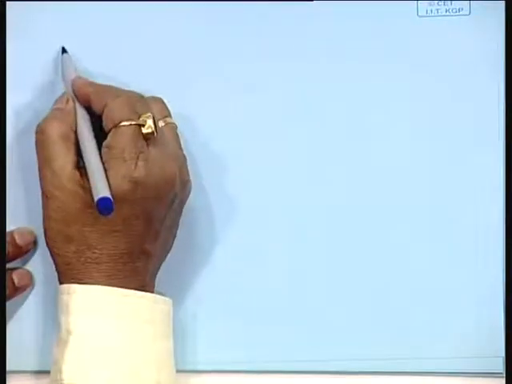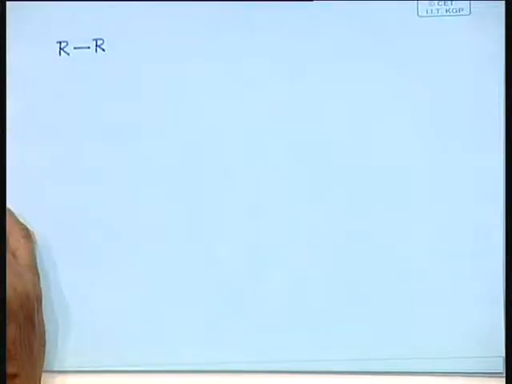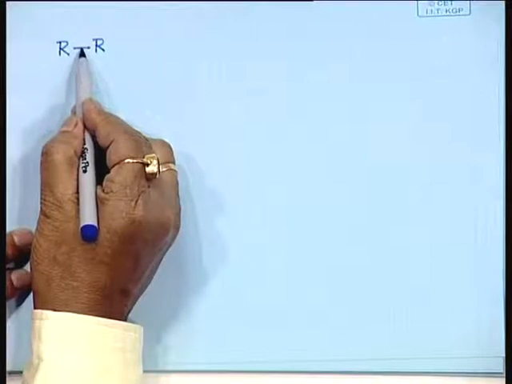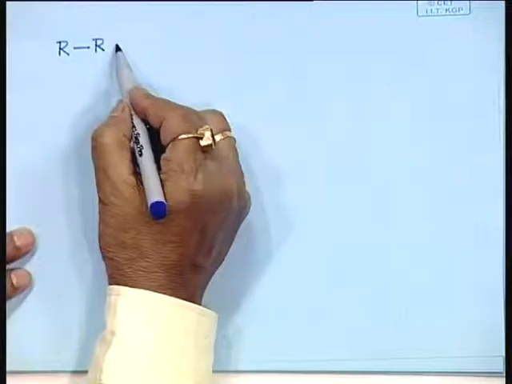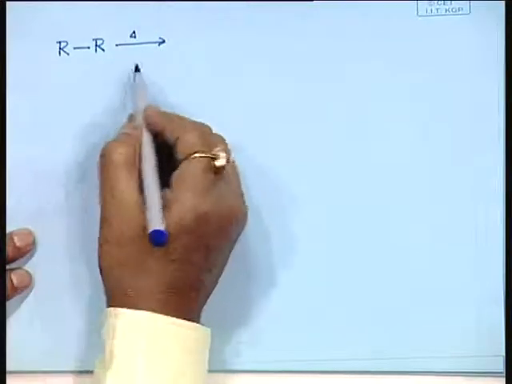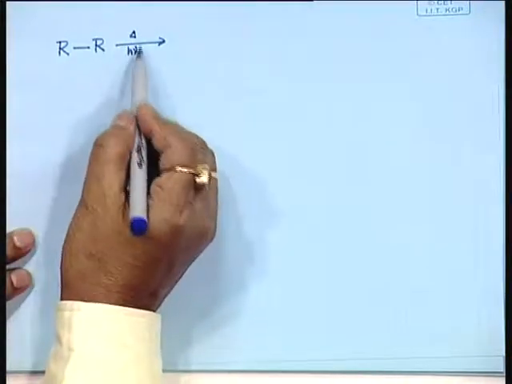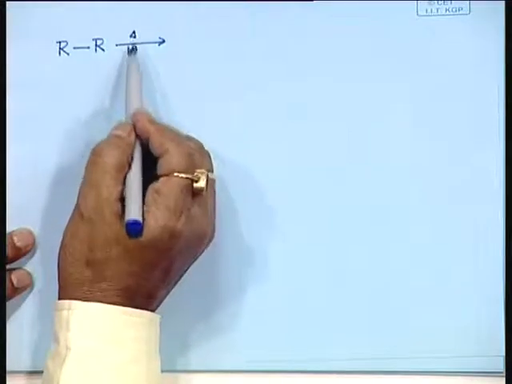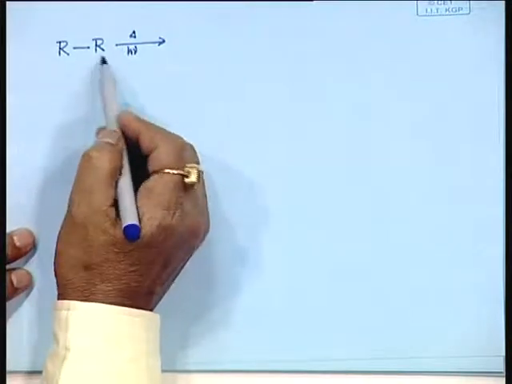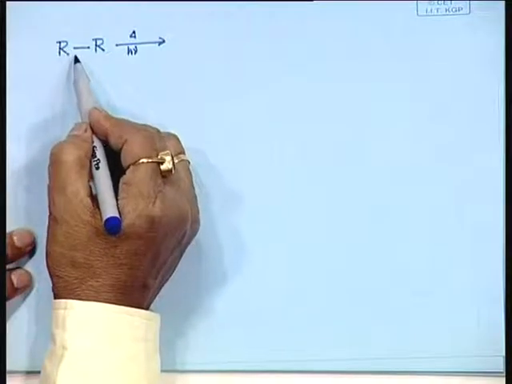Suppose you take a compound, say represented by R R. This is a bond. In this bond there are 2 electrons involved. Now, if some agency can break this bond, maybe heat, maybe electromagnetic radiation, or maybe some chemical agency, if the energies of those agencies, thermal energy or electromagnetic radiation energy or chemical energy, are more than the energy of this bond or bond dissociation energy, then only it can be broken.